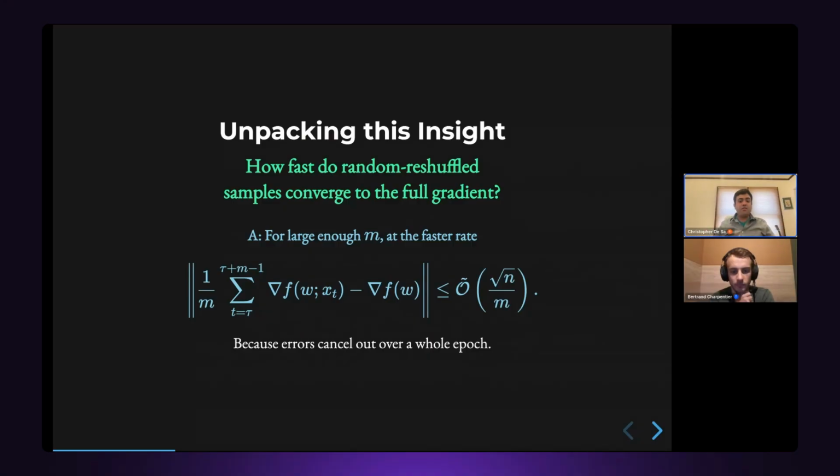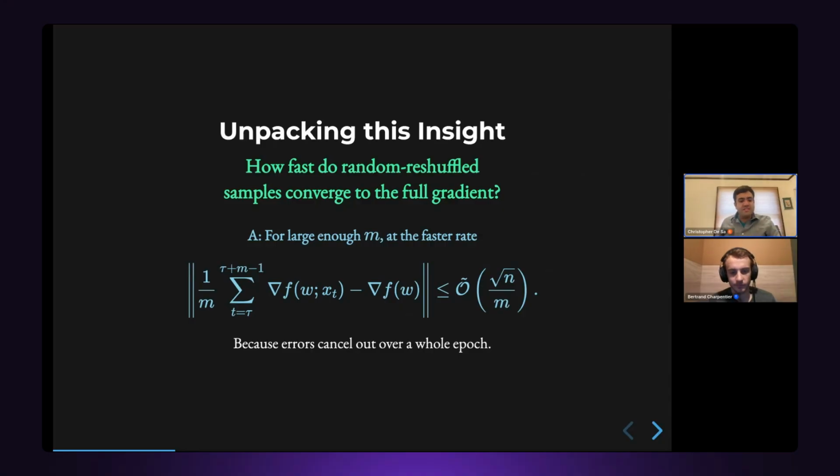And so the error that you're left with, in terms of how fast these consecutive example gradients go to the full batch gradient, is basically something at the start that's like the end of some epoch, and something at the end that's the beginning of some epoch. The magnitude of the noise from that can be at most the square root of the data set size.